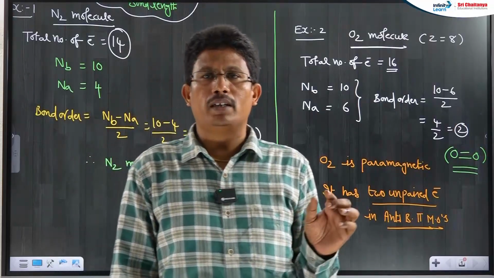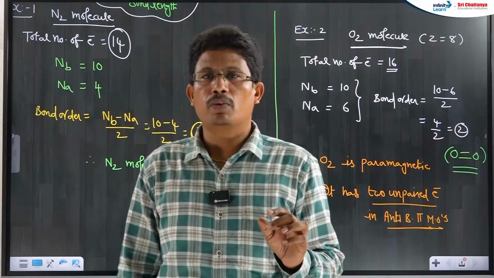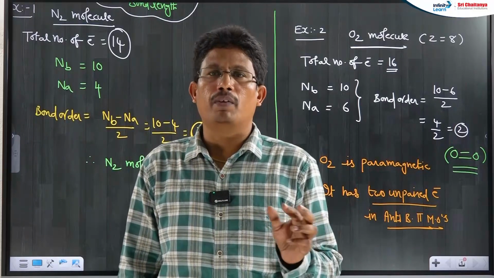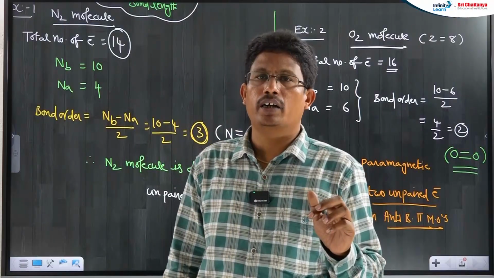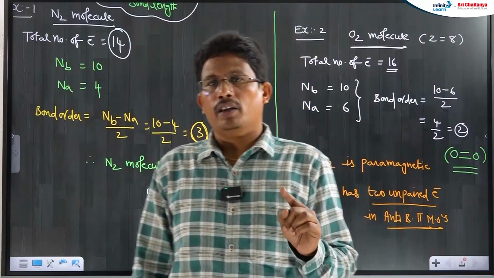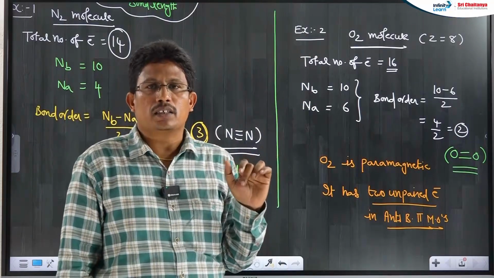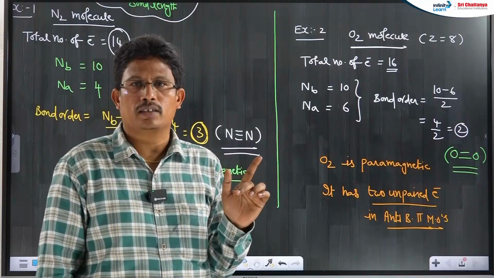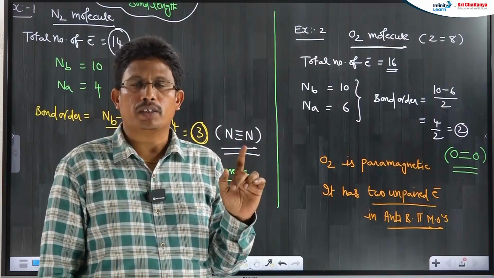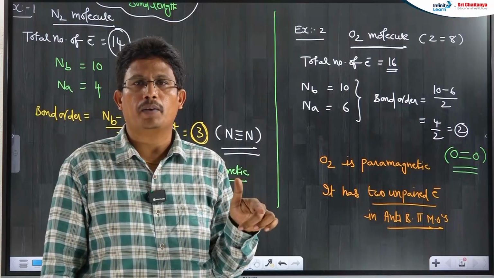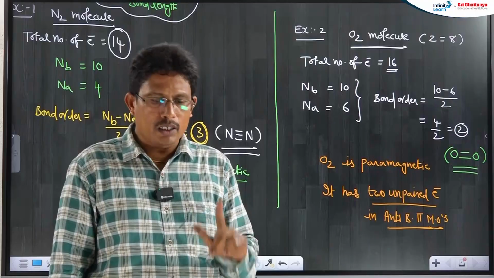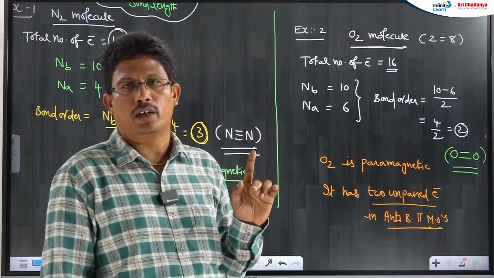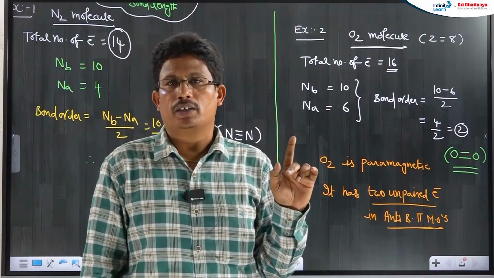Because in heavier elements like O2 and F2, there is no mixing of 2s and 2p orbitals. If z-axis is considered as internuclear axis, pz forms sigma orbitals, px and py form pi bonds. That's why they form pi molecular orbitals.